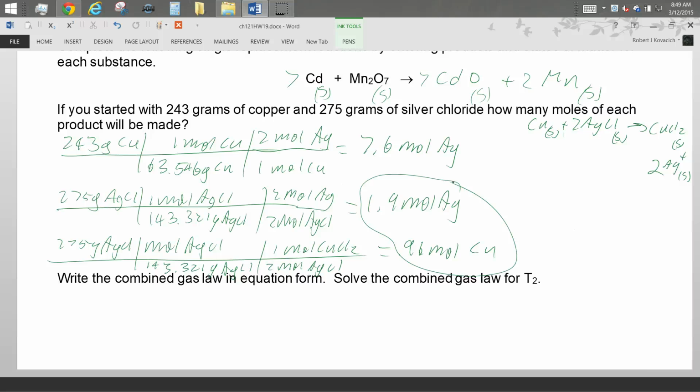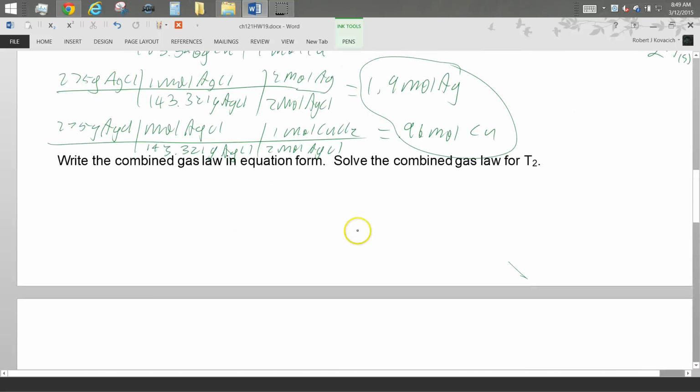Okay. Combined gas law, I'm going to solve it for T2. Okay, so it's P1, V1, T1, P2, V2, T2. I'm going to solve it for T2.